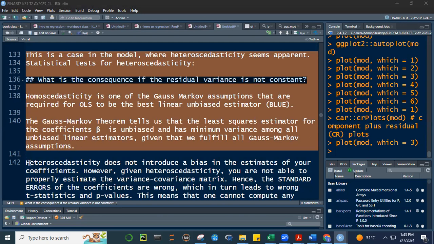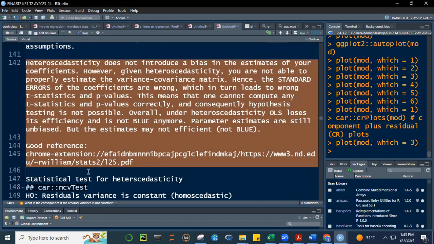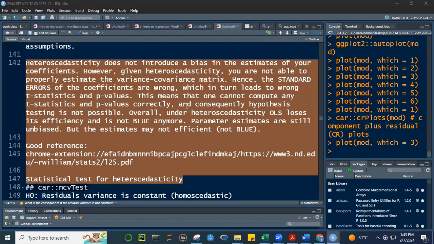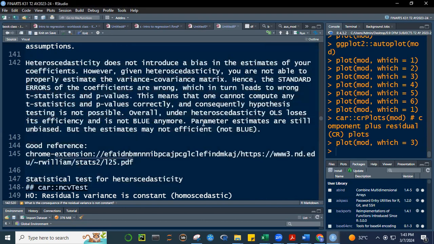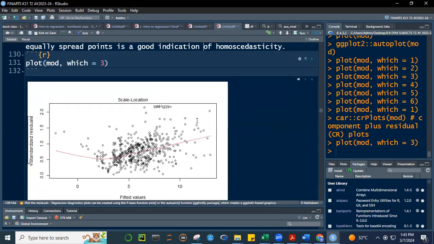All right, and then let me share the next one. Okay. All right. So we discussed this a while ago, yung scale location natin class, no? All right.